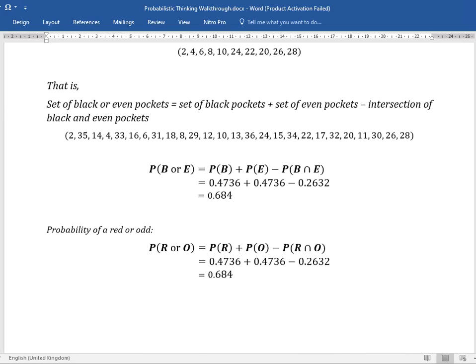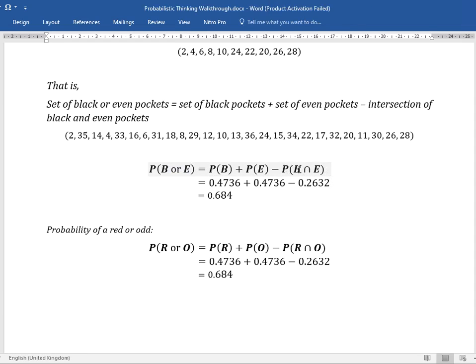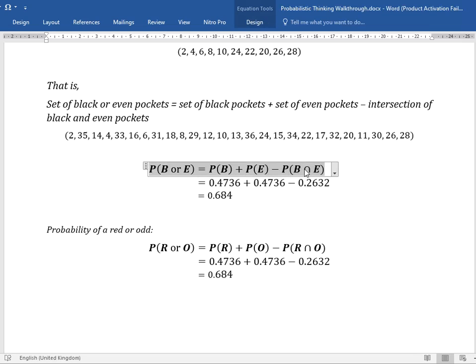So look at what we have here. We have probability of B or E, which you simply compute by adding the individual probabilities and subtracting the intersection. So which means the formula for this will simply be to make this the subject of the formula.